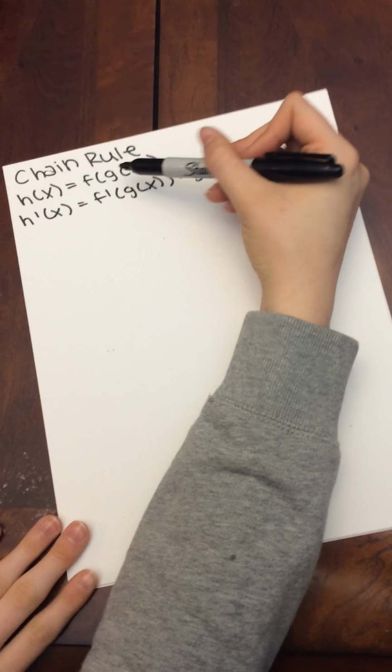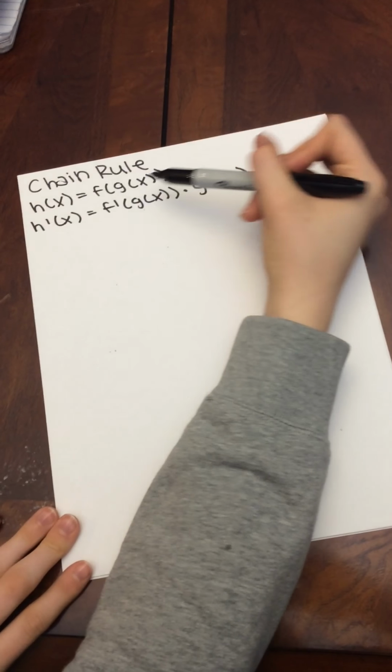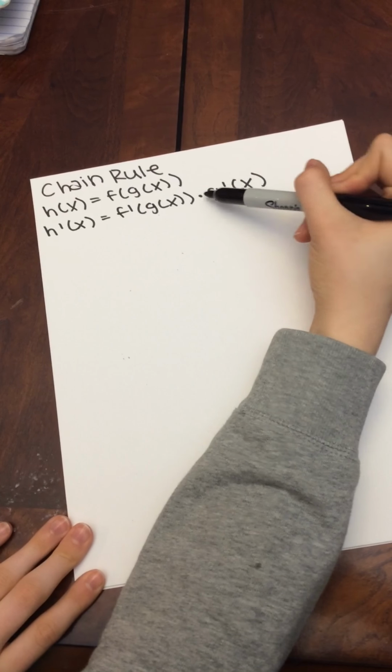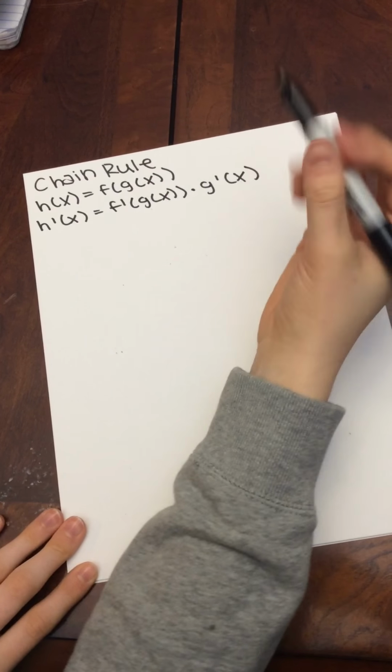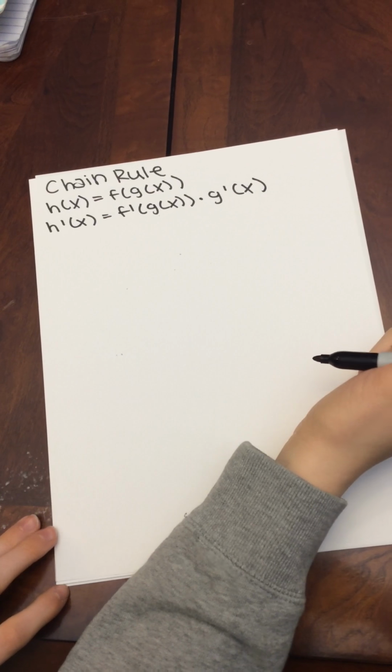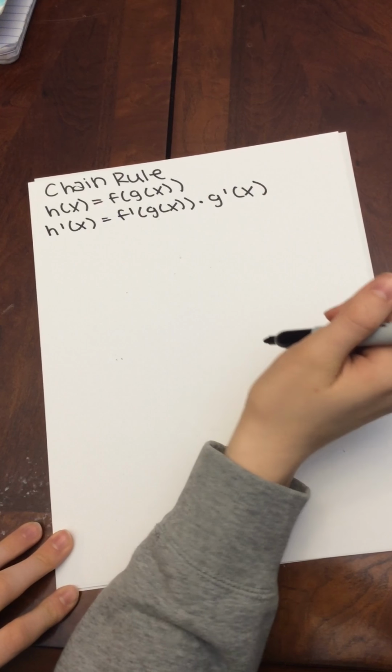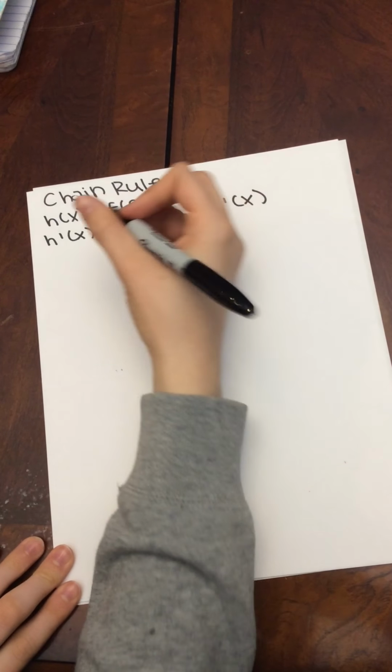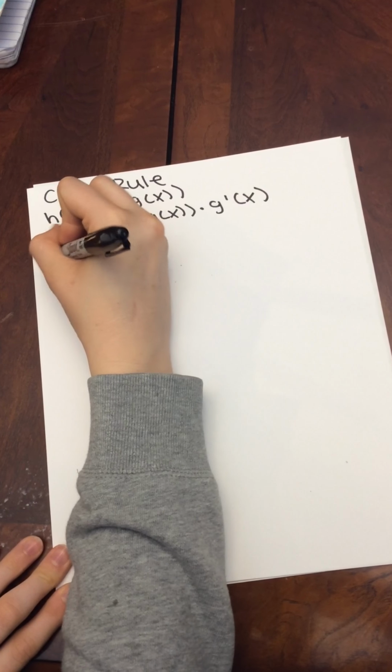So it's f of g(x) equals f derivative, and then you leave the g(x), times g derivative. And for this one, we're also going to work with trig functions, such as sine, cosine, and tangent. So we're going to have some rules for you.